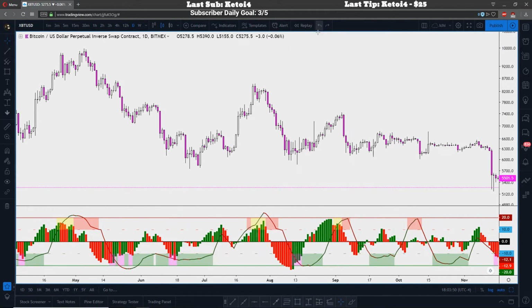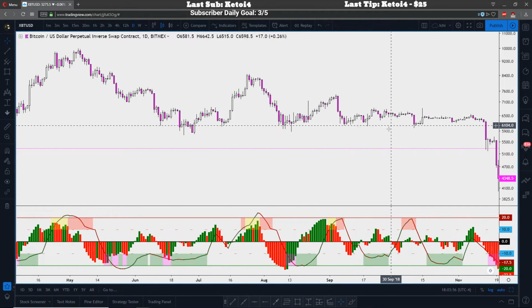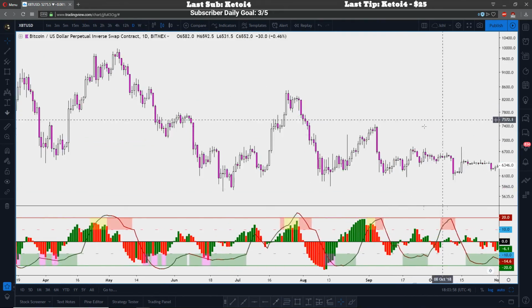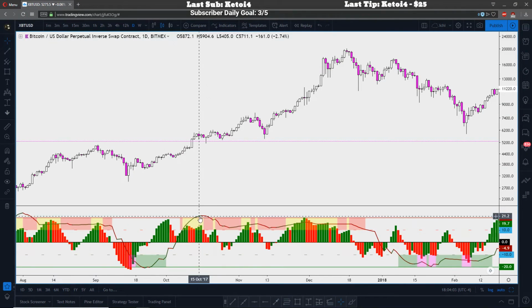Or if it breaks 20 and then begins to flatten out at 15. Or negative 20 and flattens out at negative 15. If it breaks 20, let me see. Like here. If it breaks 20 and then starts to flatten out around 15, that is entering an extremely strong uptrend.